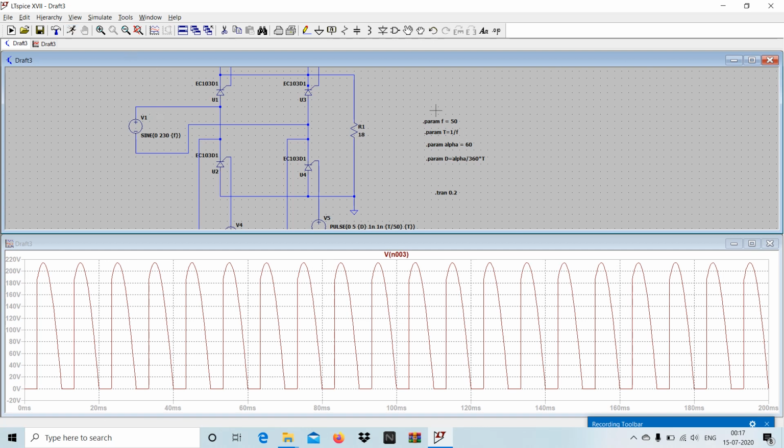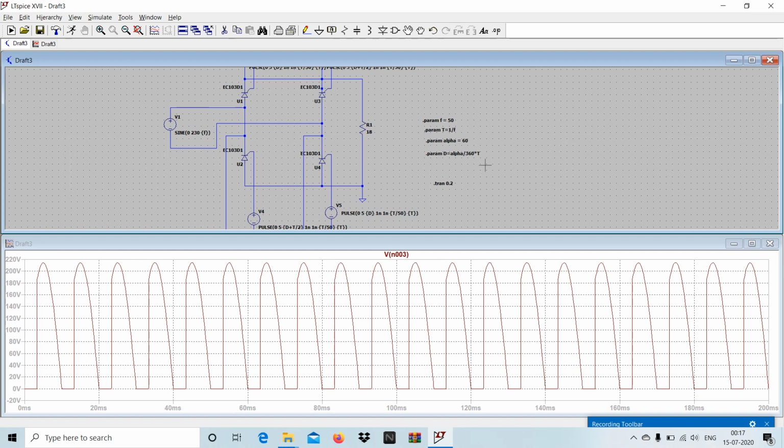Likewise, this is a parameter we can define over here. So we don't want to change every pulse voltage. Simply we can define a parameter over here, change it directly here itself, and automatically it will take.